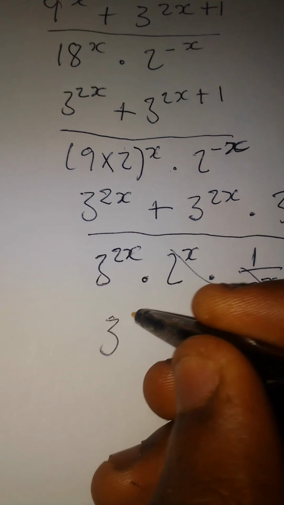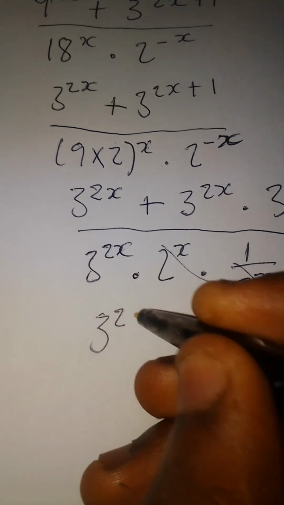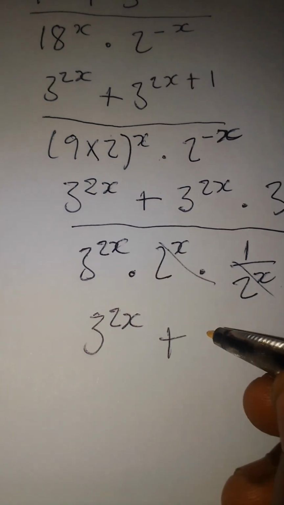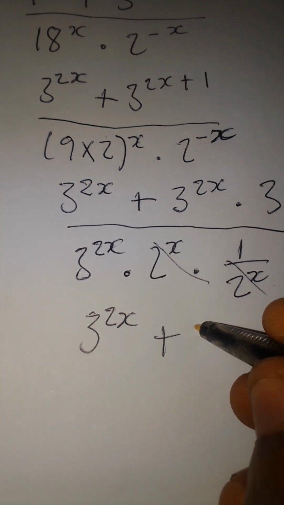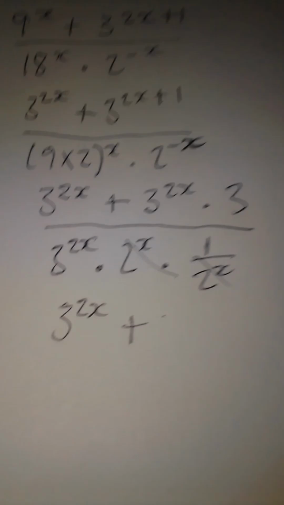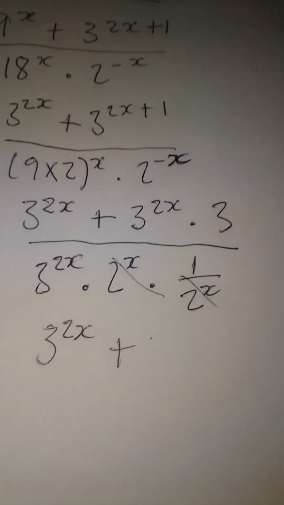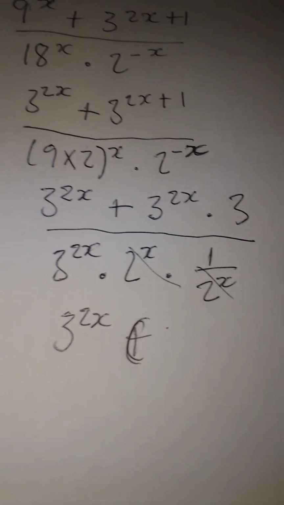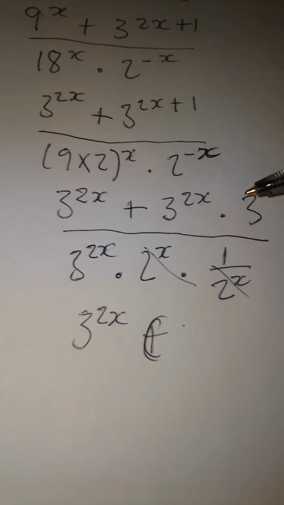The expression of 3 to the power of 2x plus, I'll take a common factor here, guys. So I take a common factor because there is a common term here.